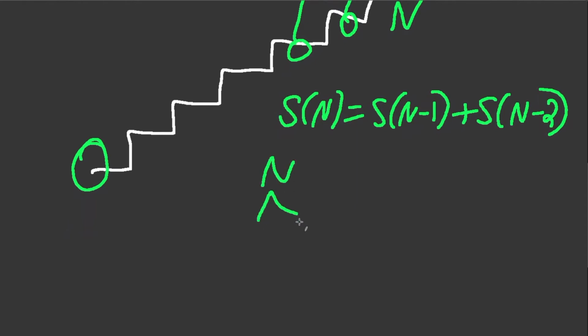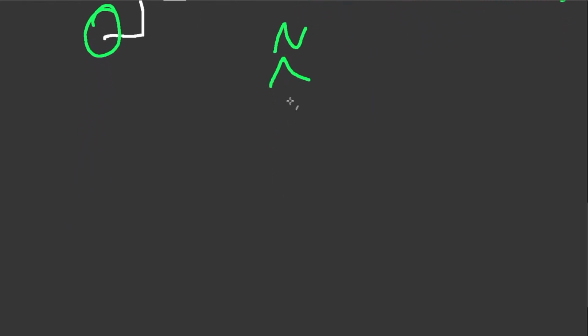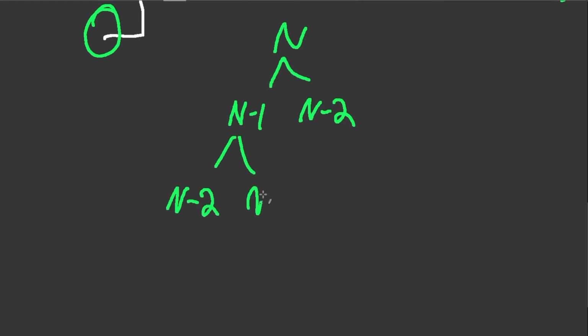It would still take every possible path, but we can improve on that by caching. And so if we think of a tree here where each node is going to be the argument to a function call, you can see that we're going to have a lot of overlap in terms of which function arguments we're passing.